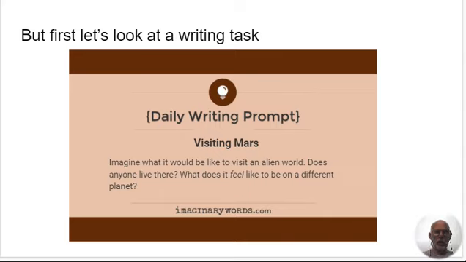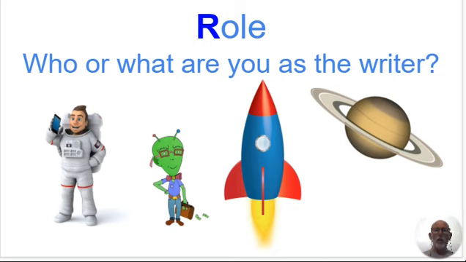So let's have a look at the first letter of the acronym RAFTS, the letter R. The letter R stands for role. And in the role, we want to know who or what you are as the writer. So who is writing or what is writing sometimes?